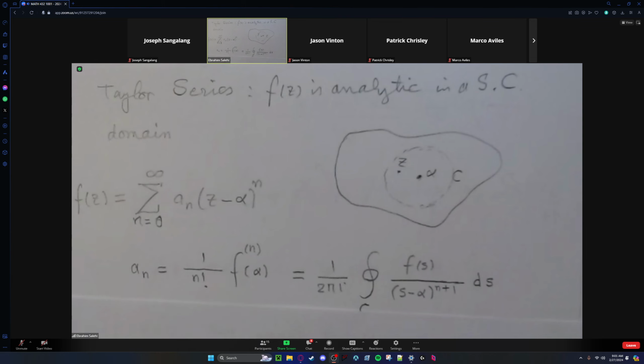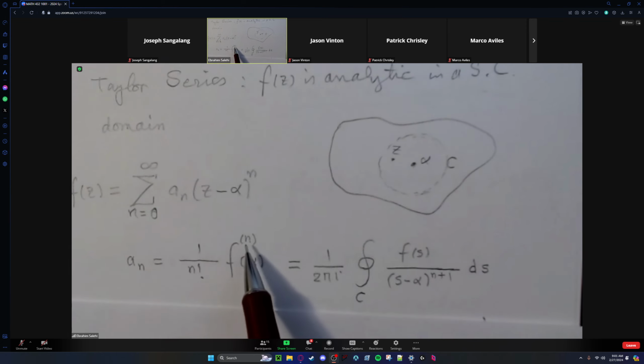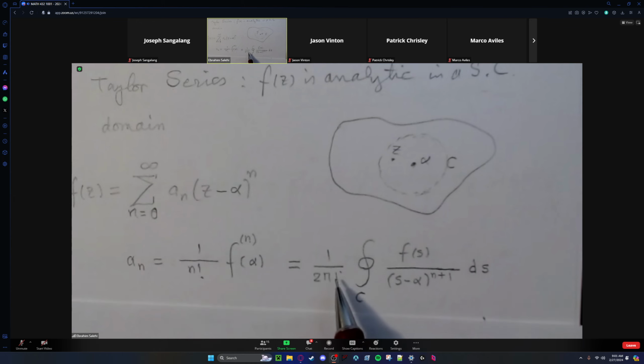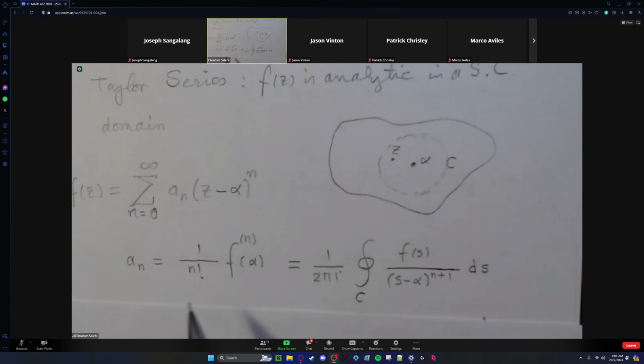But using Cauchy's integral formula for derivatives, the nth derivative evaluated at alpha is actually right here. So a_n not only can be expressed in this fashion, but theoretically also can be expressed in integration format.